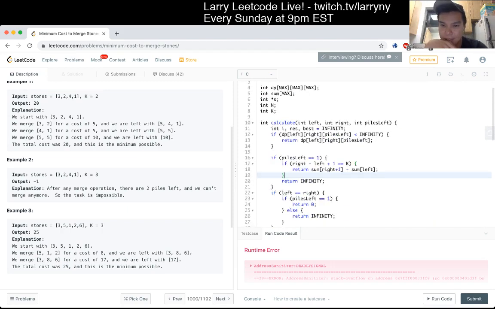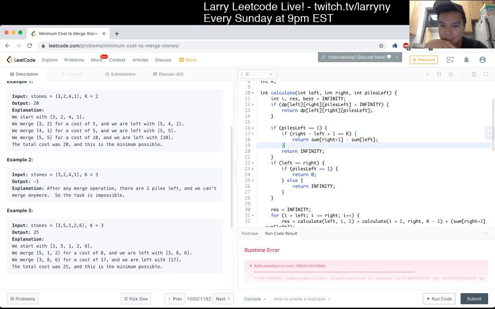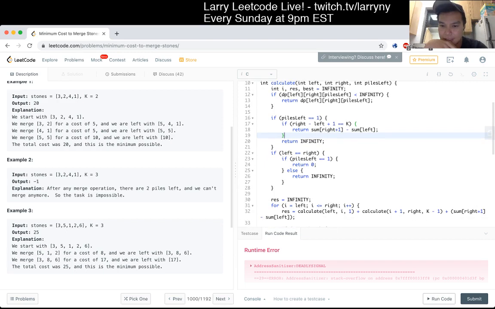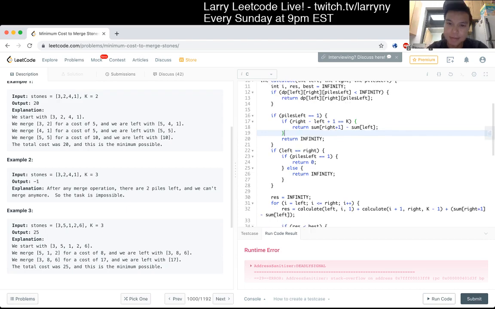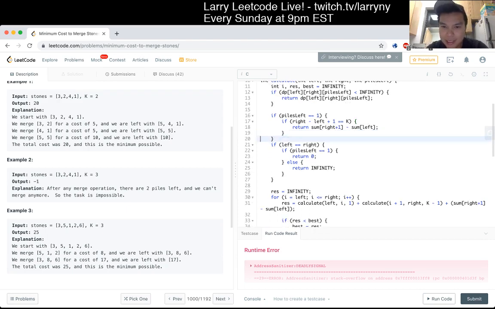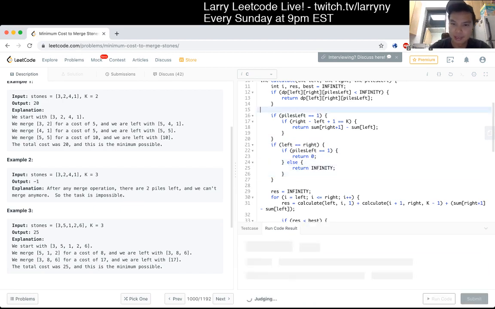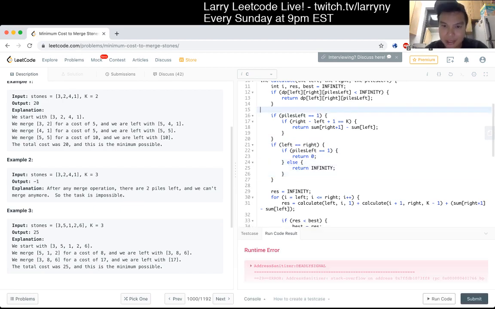You have one pile and you have this there. No, I'm inclined to say this is right, but why does that go into infinite loop? What am I doing?